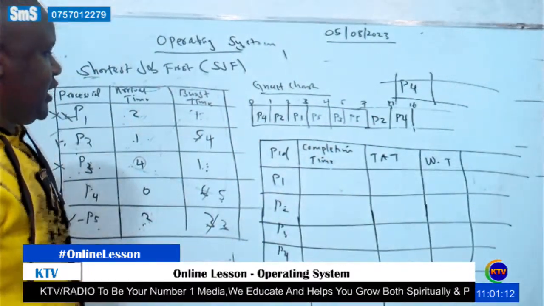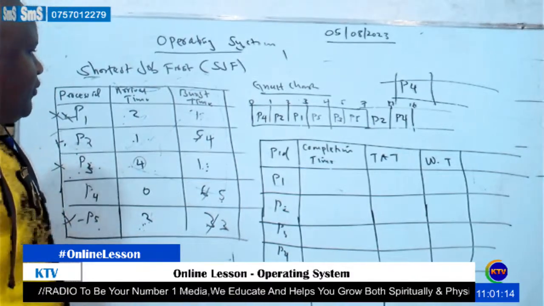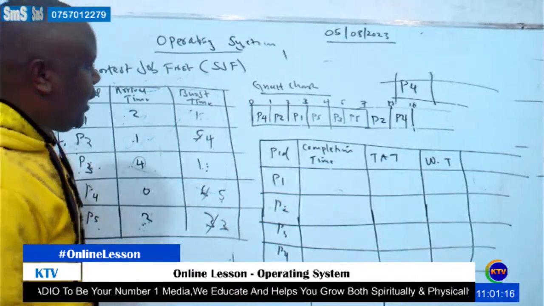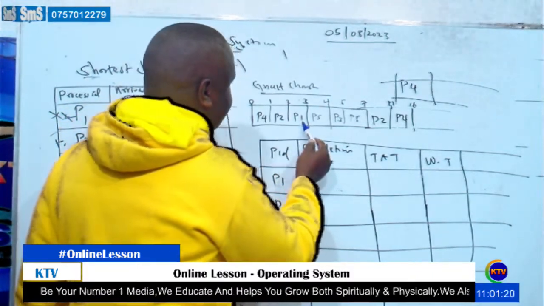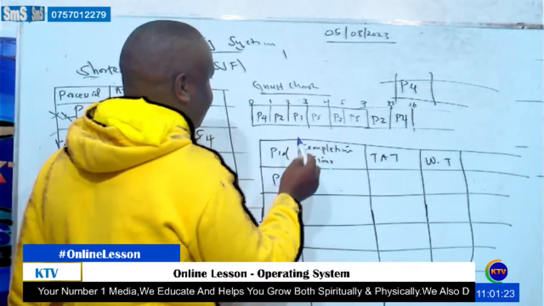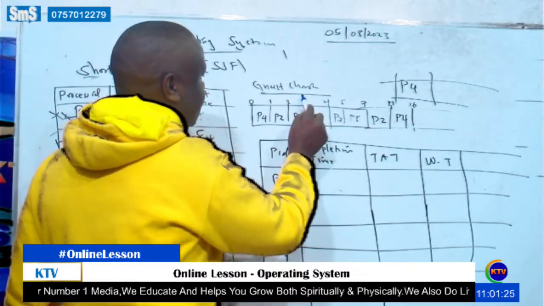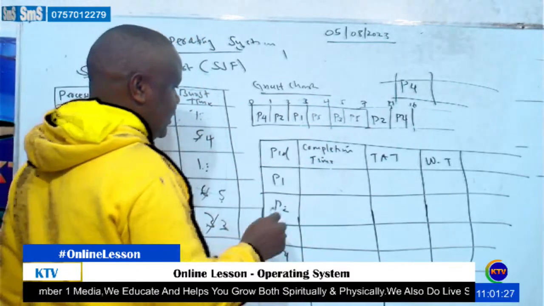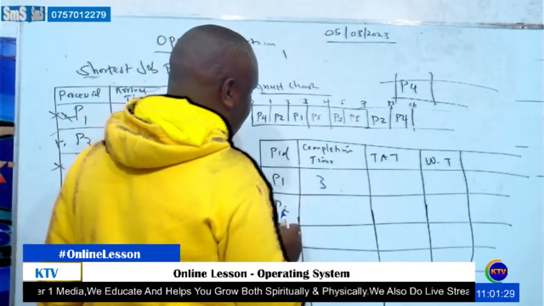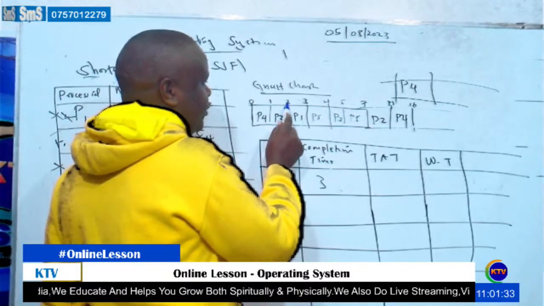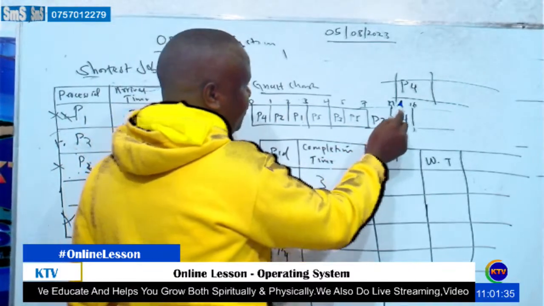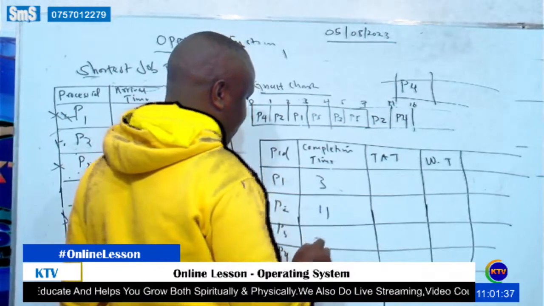Process 4 completion time. The completion time for process 1, we only have it once here. It completed at 3 milliseconds, so the completion time is 3. Completion time for process 2: it completed at 2 and also at 11, so we take 11.